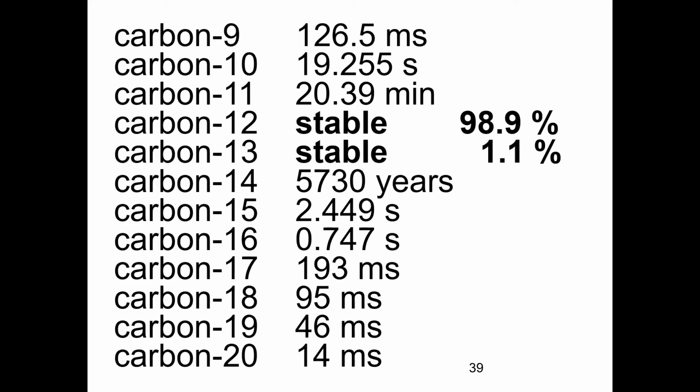To find out its mass, I would need an average of all of these. But since most of the sample will be carbon-12, notice that it's 98.9% of the sample, I must give more weight to this carbon-12 when I'm calculating my average. In other words, I have to calculate a weighted average.